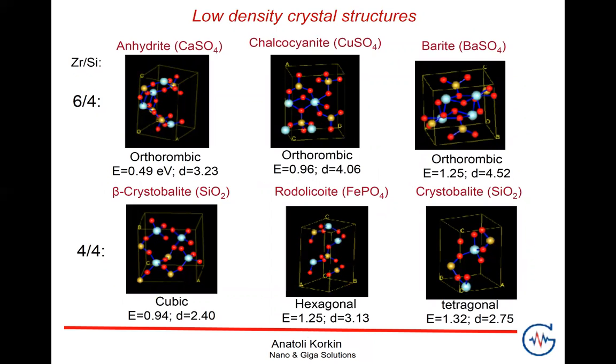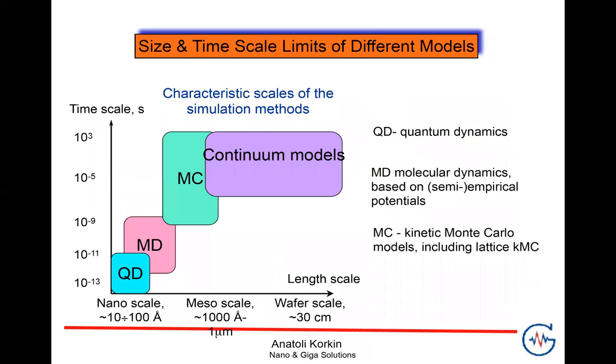The higher energy structures can be found at very high pressures, for example in the core of the Earth or in space, and low density structures might appear during deposition.